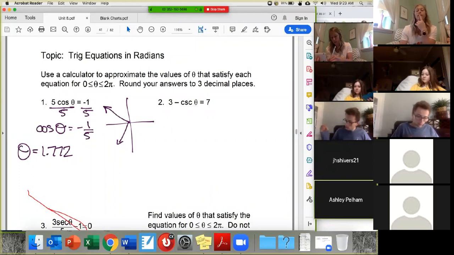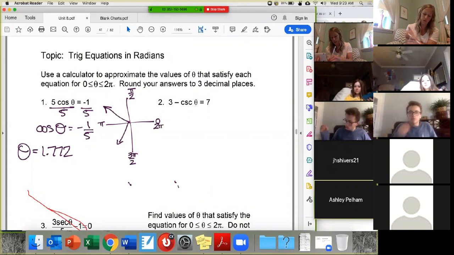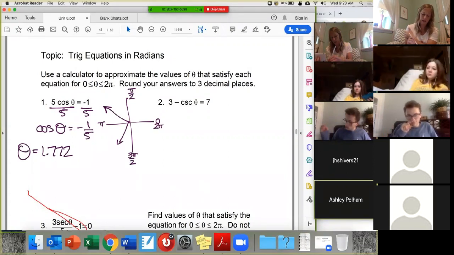Okay. Now, here is where we get a little uncomfortable. How do we know whether that's quadrant 2 or 3? Remember our radian quadrant angles: 0, pi over 2, pi, 3 pi over 2, and 2 pi. This helps us because even though they're in terms of pi, I know that pi is approximately what? 3.14.